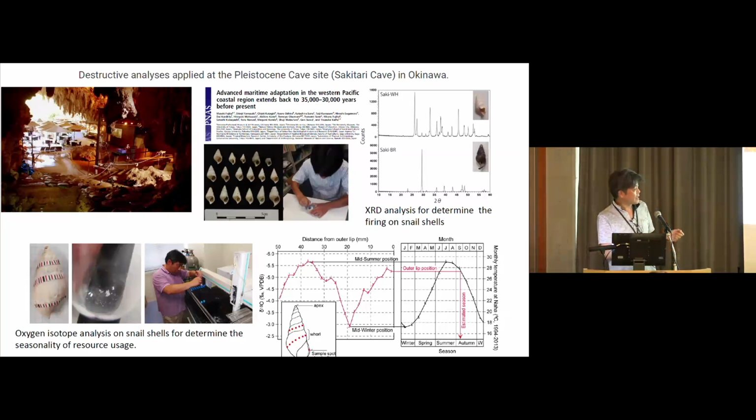It means the season of human hunting of this specimen. And actually, we were able to know that Paleolithic people consumed these freshwater snails in autumn. So we can learn about Paleolithic human life through the oxygen isotope analysis of the snail shells.